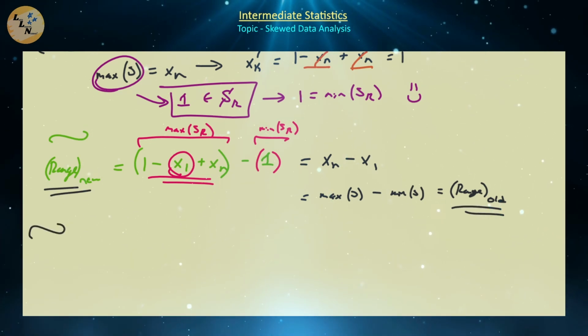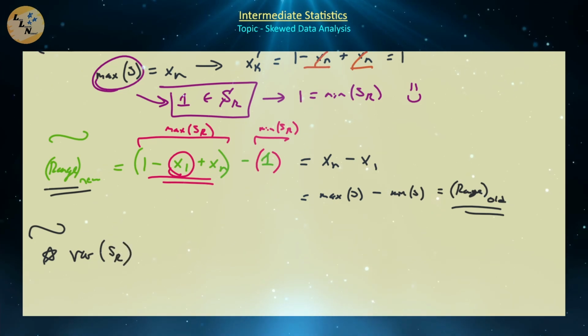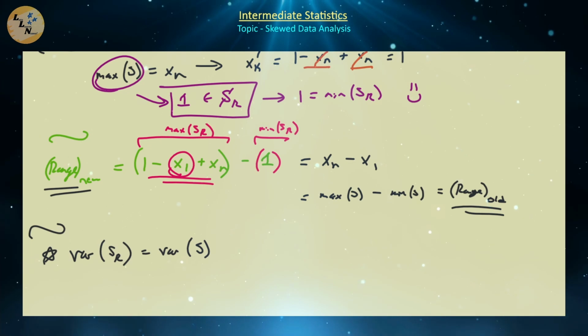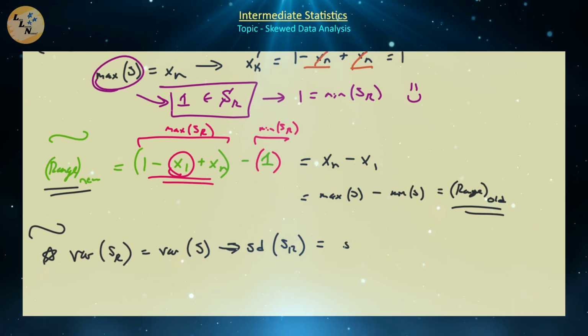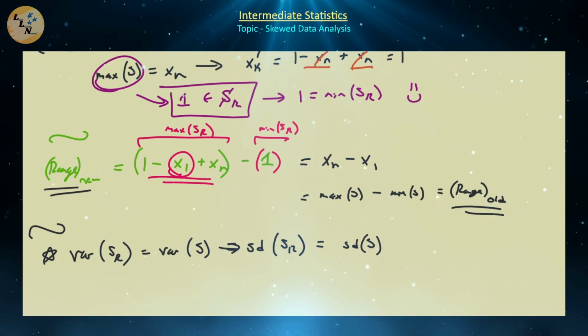So that's at least a basic proof that the range is going to be preserved under reflections. More in particular, the variance of the reflected data set is going to be equal to the variance of the original data set. So that means the standard deviation of the reflected is going to be equal to the standard deviation of the original, right? Which is going to be a very, very useful property.